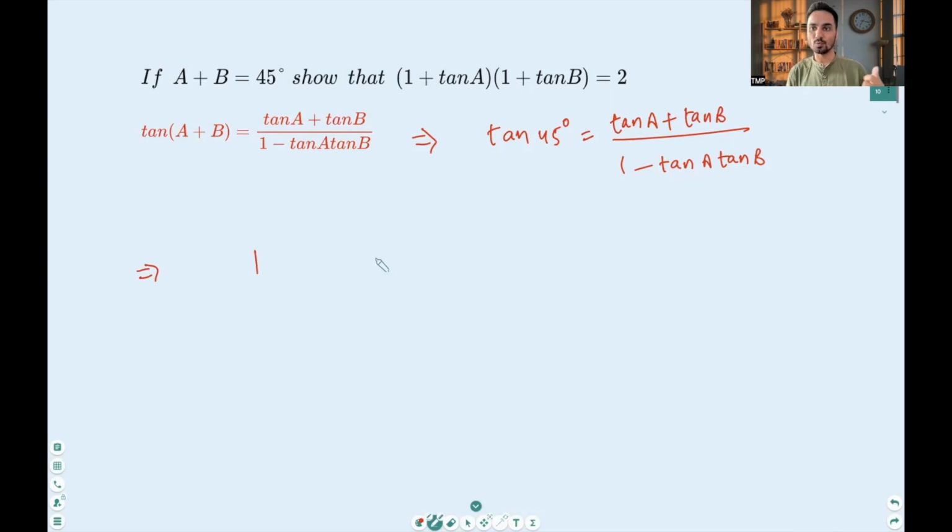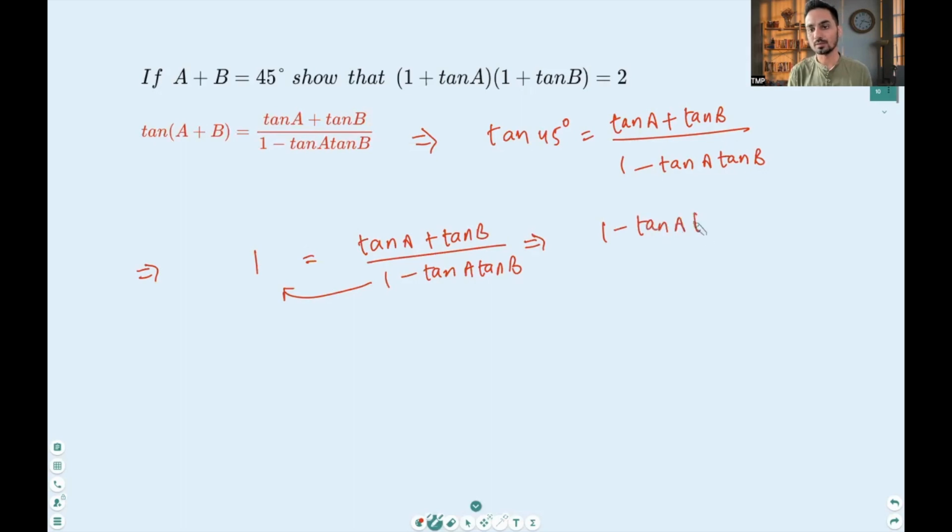So the left-hand side is 1 equals tan A plus tan B over 1 minus tan A tan B. And we can multiply the denominator on the right-hand side to the left-hand side. So it will be 1 minus tan A tan B equals tan A plus tan B.